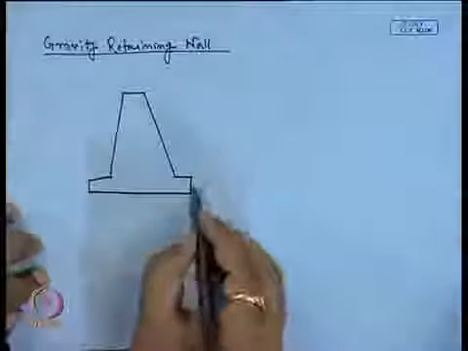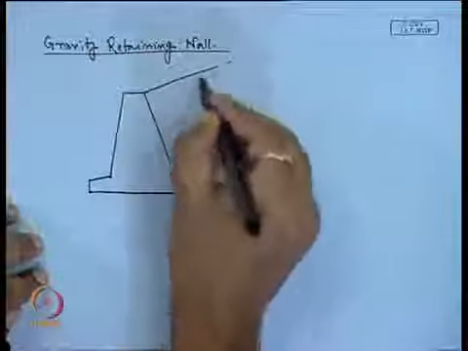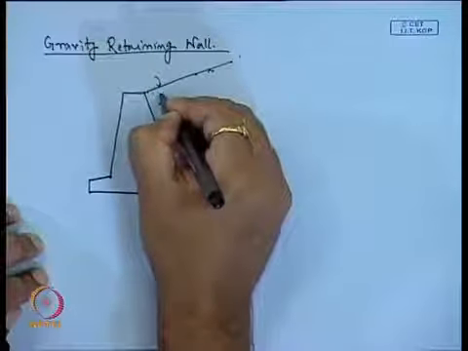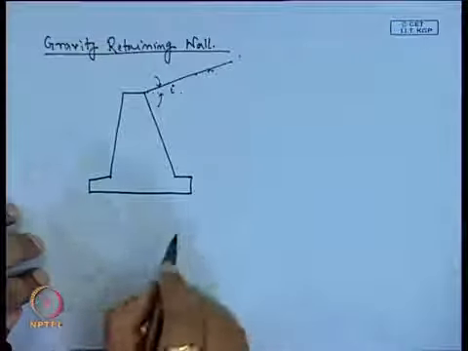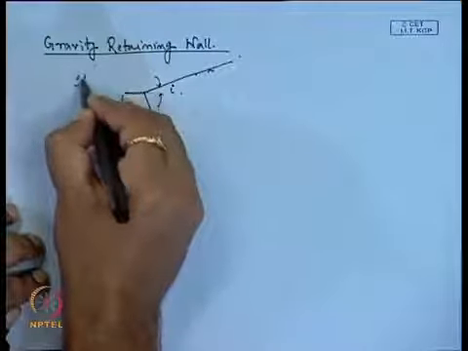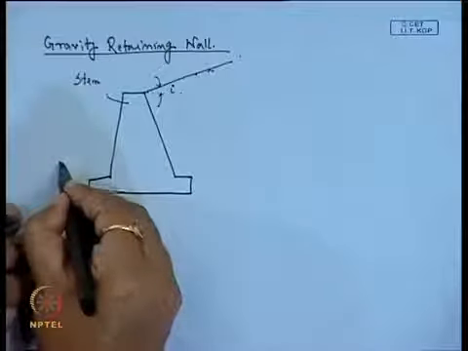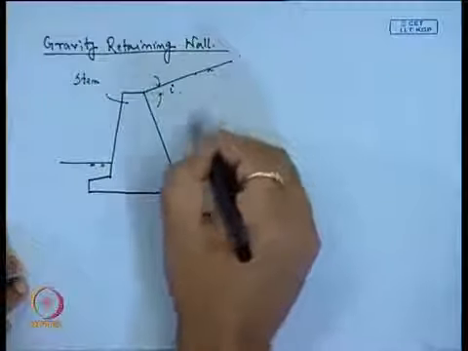This is the gravity retaining wall, and this is the ground surface, which is inclined at angle i with the horizontal surface. This is our vertical stem. Now, as per the provided guideline, suppose this is the existing soil and this is the backfill.